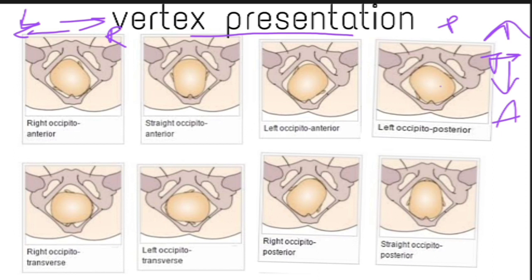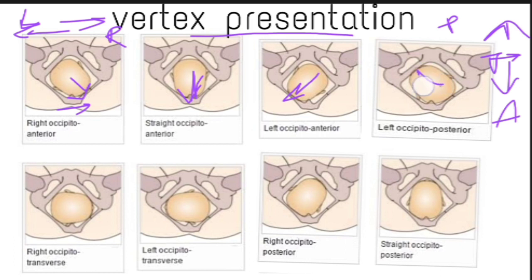Here the first position is right occipito anterior. The baby is facing the right side, the head is visible, that is occipito, and it's facing downwards, right side: right occipito anterior. Straight, it's facing straight: occipito anterior. Left occipito anterior.